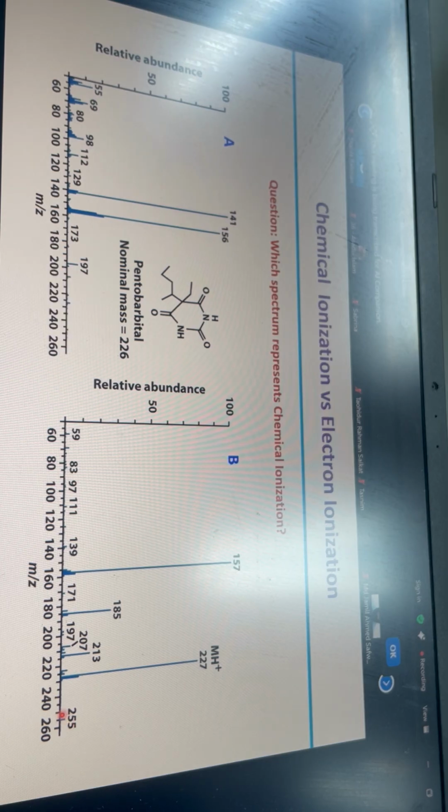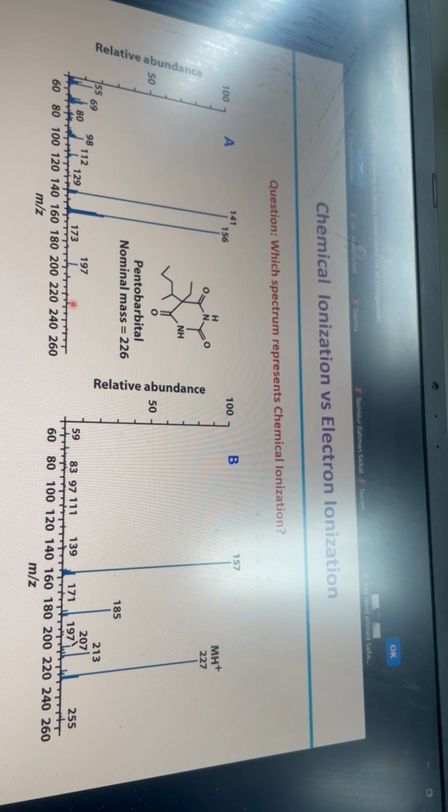Yes, that's another indication. And also, do you see more fragments here? In chemical ionization, you see less fragmentation. You see some fragments, but fewer. But here you see more fragments. So the molecular ion peak is very, very small in electron ionization.